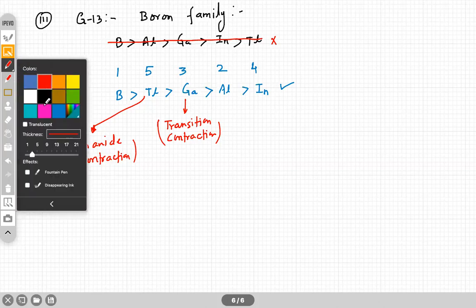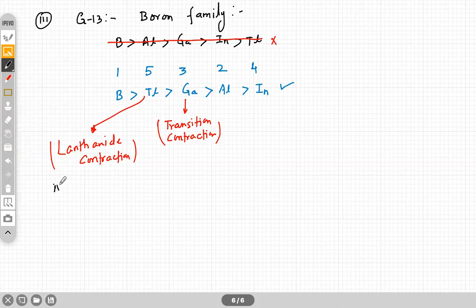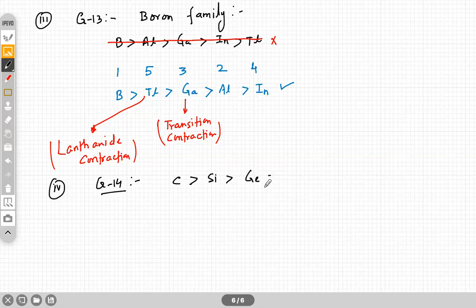Similarly, we have a small change in carbon family also, group 14. For carbon family, the correct order of ionization energy: carbon, silicon, then germanium, then we have lead, and then we have Sn in the last.